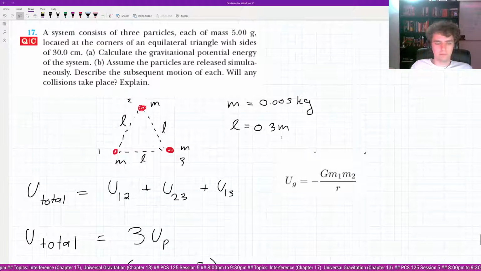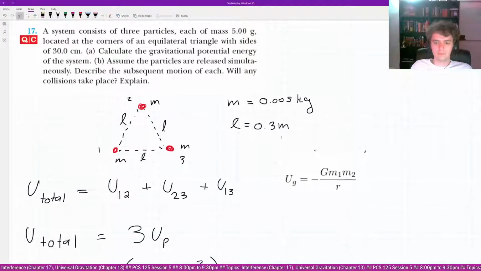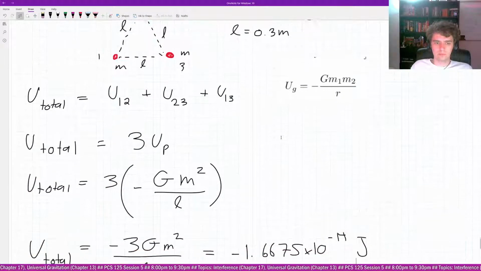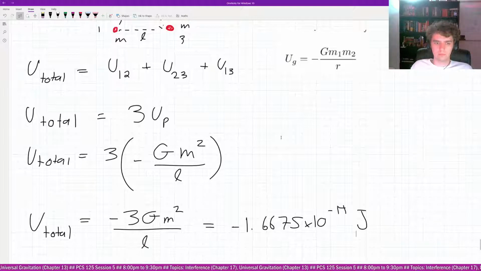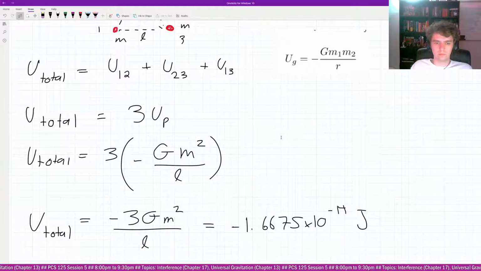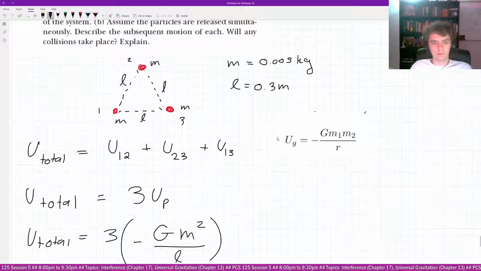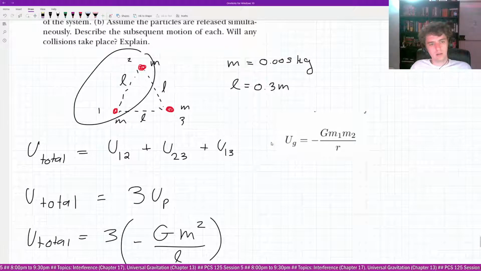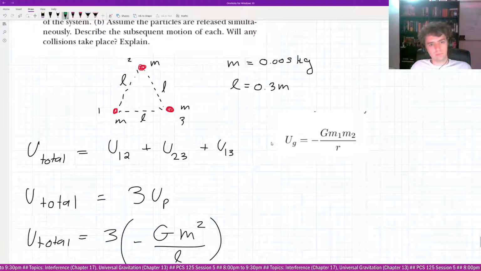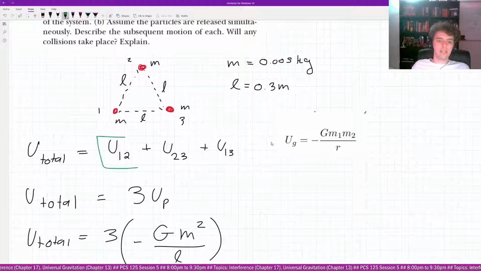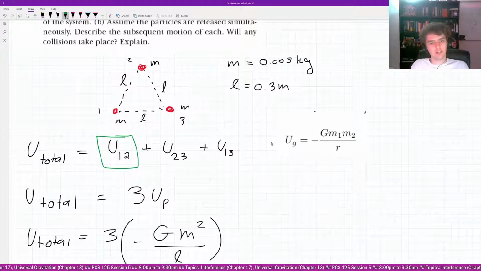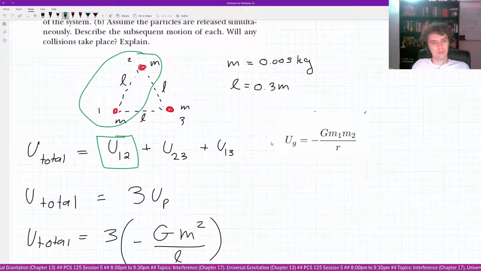Oh, I was just gonna ask, so you know how you did U and then for 1, 2. But then how come you didn't do U and then for 2, 1? For like these two? Like the pairs, like you did 1, 2, right? But then what's the reason for not doing 2, 1 though? Well, because this quantity is the amount of potential energy in the system of 1, 2.